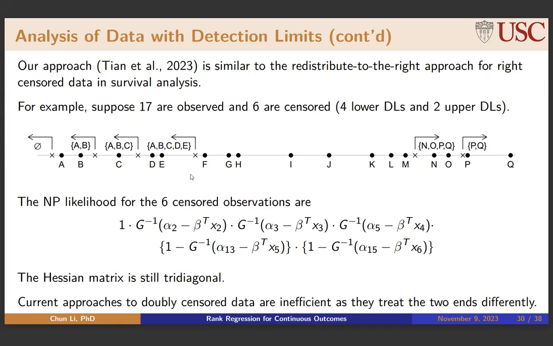It treats left censoring as being at risk. It's different from the right-hand side. So the at-risk treatment is different from our treatment here. Our treatment here is essentially, on this end, it's treated this way, on that end, it's treated that way, but essentially the same type of treatment. But in counting process language, it's a different treatment for left censoring and right censoring, and that contributed to inefficiency.